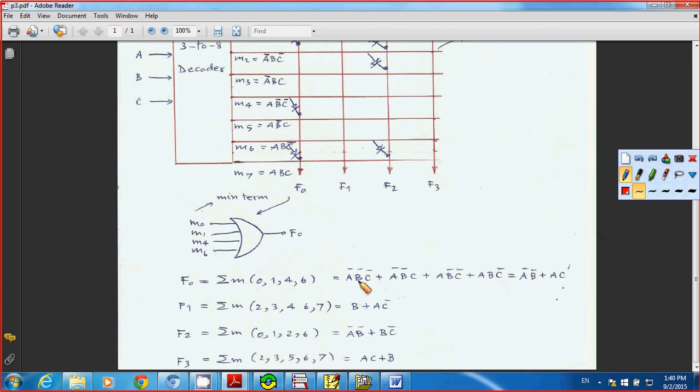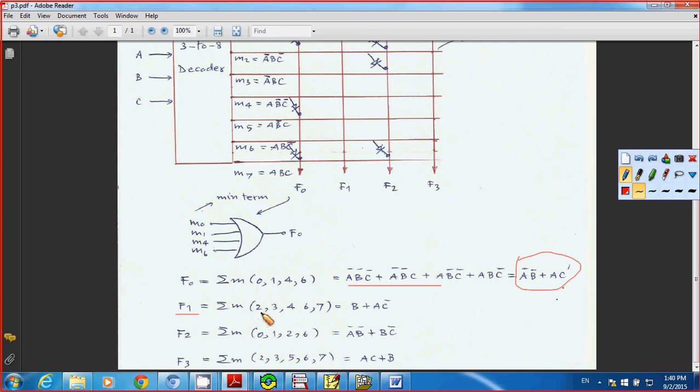And you can simplify this by using Boolean algebra, and you end up with your F0 in terms of inputs A, B, C, just like this: A complement AND B complement, and then OR with A AND C complement. And for F1, you're going to do the same thing.